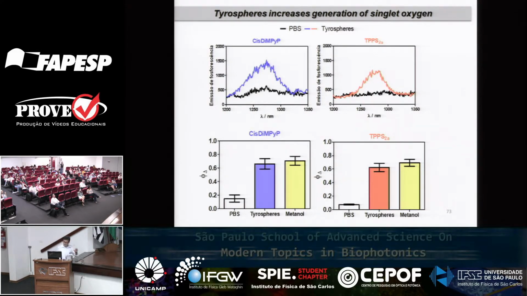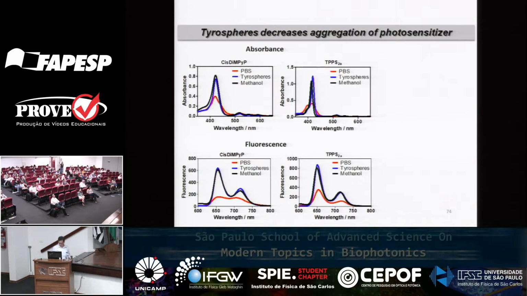One of the data that is important that we should know is that when you incorporate the photosensitizer in tyrosphere, it makes a lot more singlet oxygen. You see, this is the emission from both dyes when incorporated in the tyrosphere. And you see, it's basically the same yield as in methanol. In water, it's smaller. And the reason why it's smaller is because in water, these molecules aggregate.